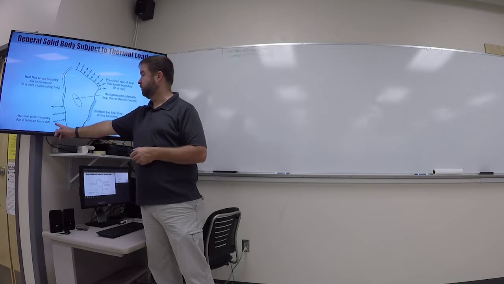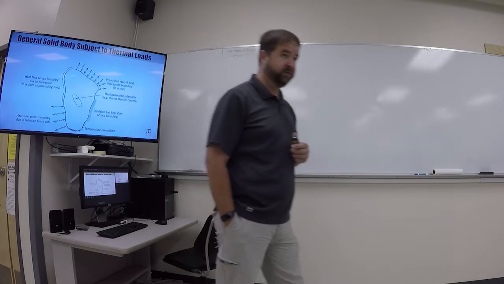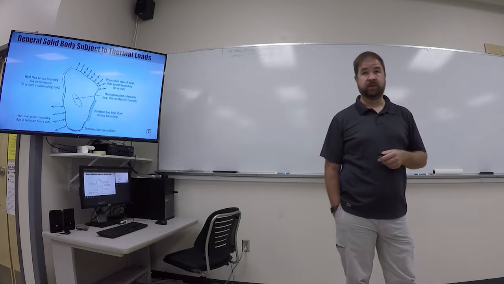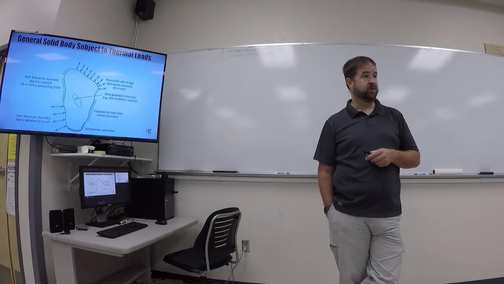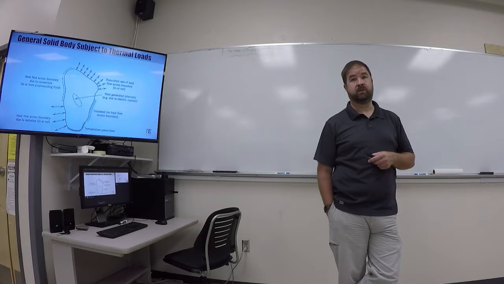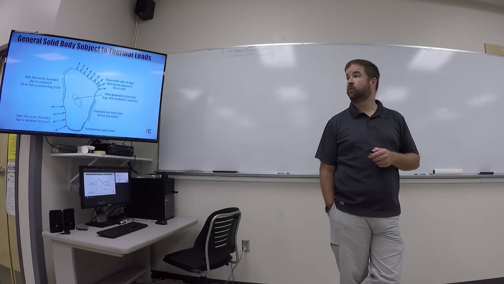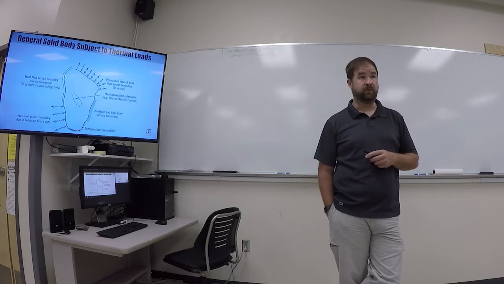Prescribed temperatures, radiation, and convection. All of those types of things can be accommodated using the various types of loads and constraints that we can set up using SolidWorks. Okay, so there's a really brief introduction to what is it that we can do with a thermal load.